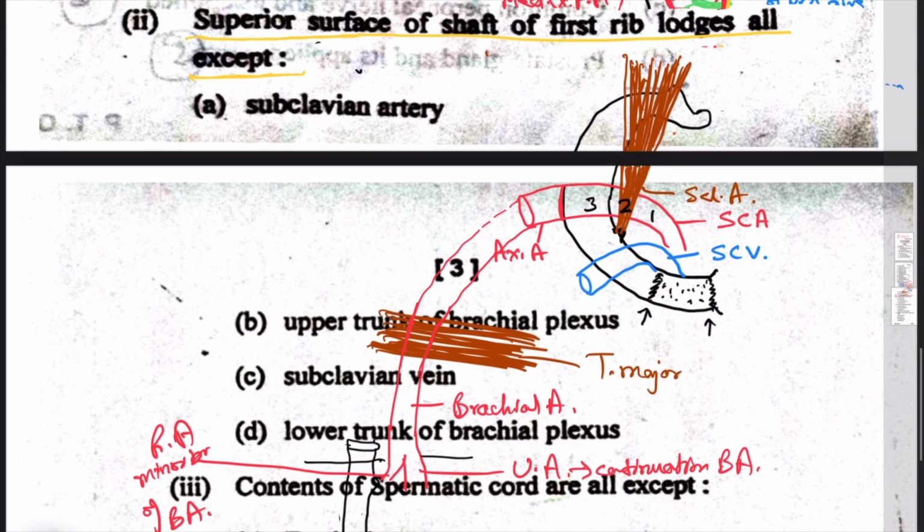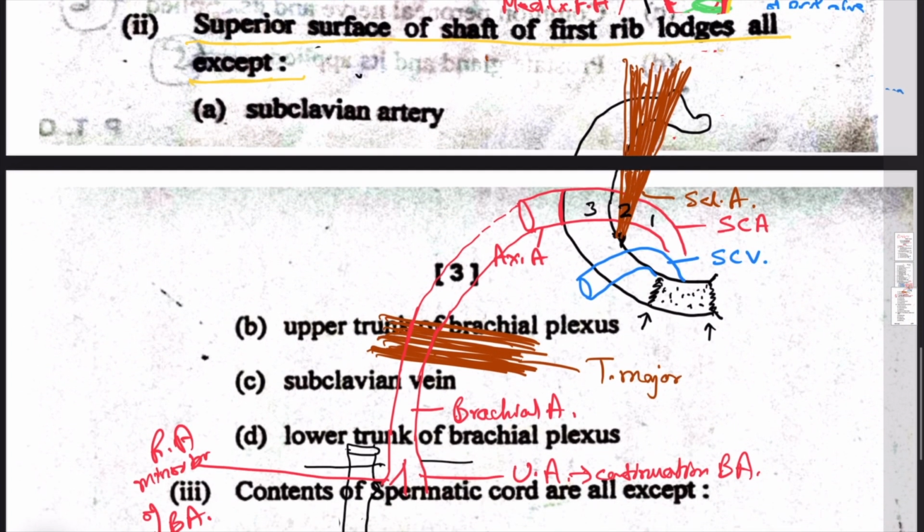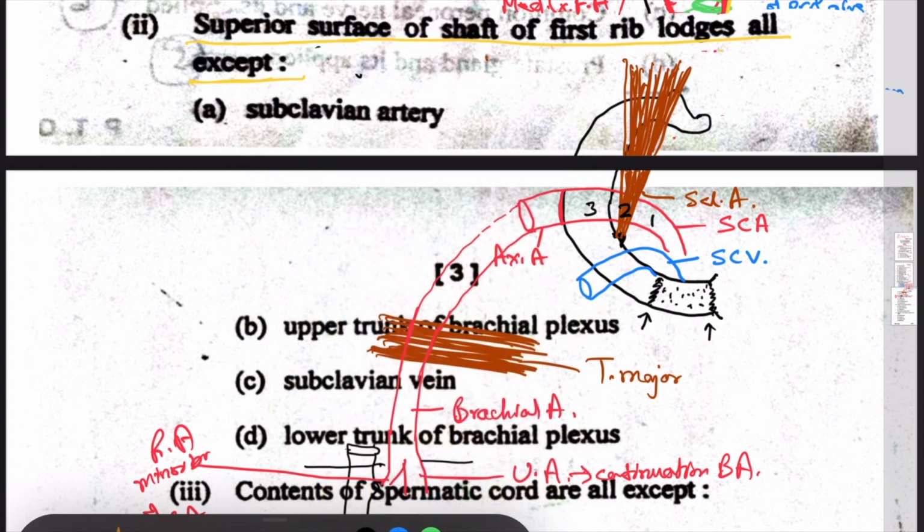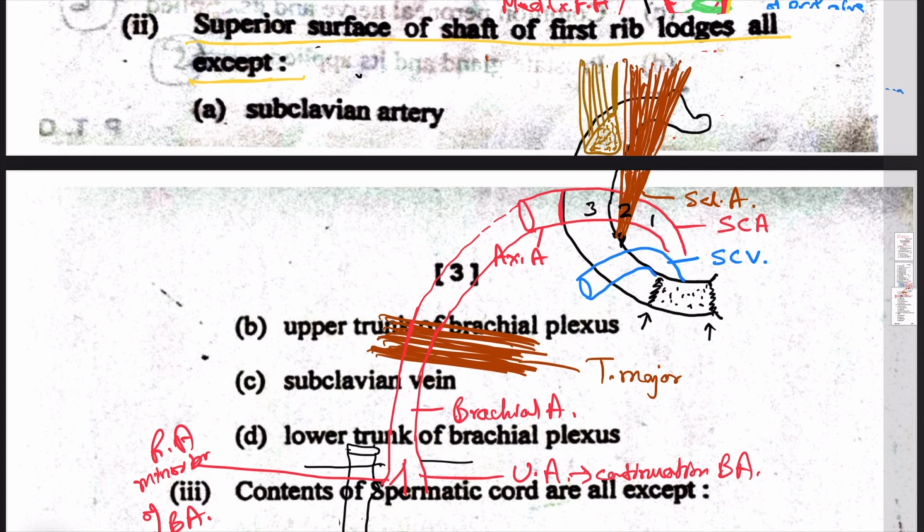Okay. So, now about the upper surface of the first rib, the attachments, right? Behind this subclavian artery on the upper surface you find another point of attachment of a muscle, and this muscle is scalenus medius.